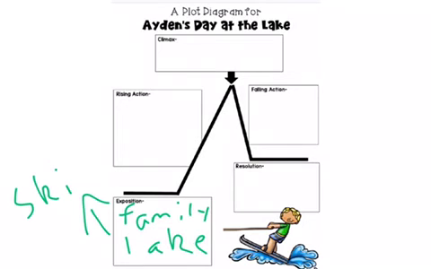But what's the rising action? What is it that's going to lead us to this problem, or to this most important part? Aiden wants to learn to water ski, but he is first unsuccessful. He's not good at it at first. He tries it, thinks he's going to be great the first time, but he isn't successful.